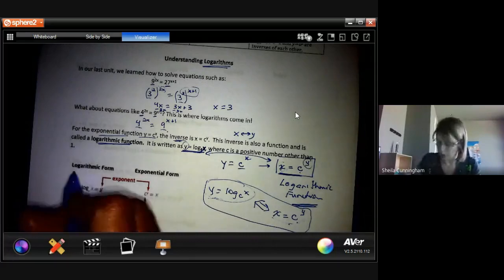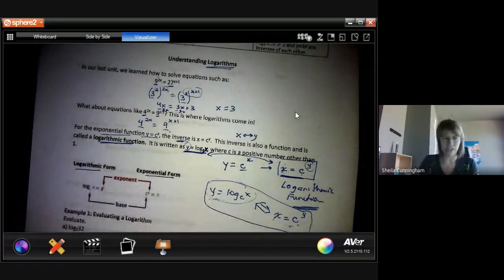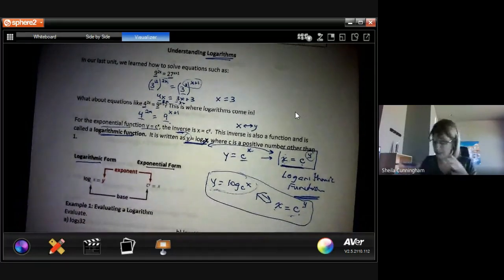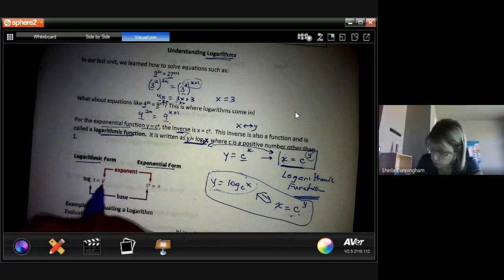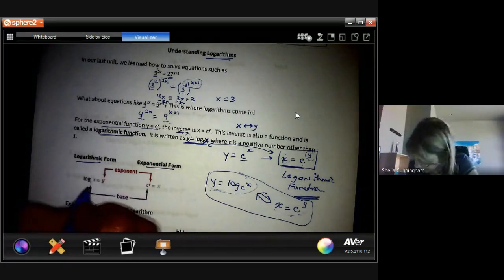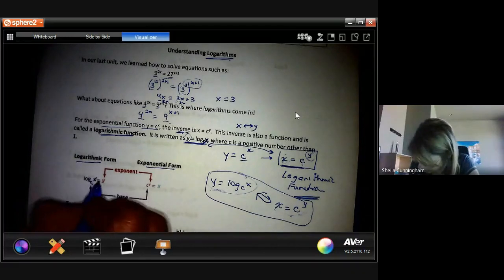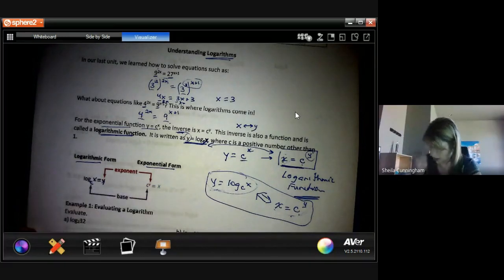So there are so many different ways we can look at the conversion process and ways to remember it. When we look at a logarithm, this is log, this is a little c in here, and then you've got your x and you've got it equal to y.